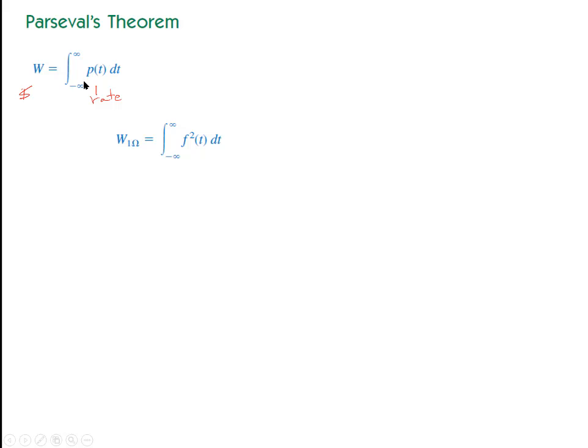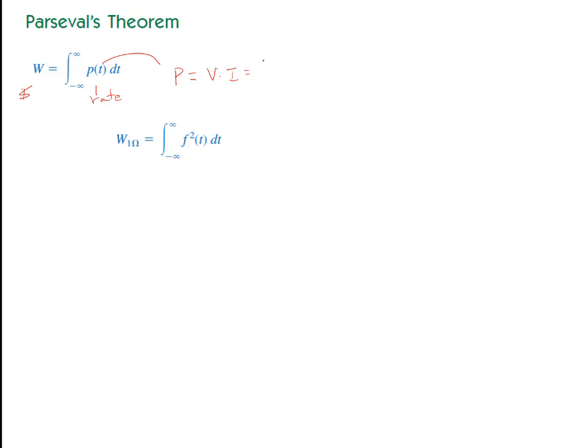Okay. So it was noted, and this is Parseval's note, that if I take the amount of energy in a 1 ohm resistor, what this is saying is we know from up here that power is equal to volts times current.